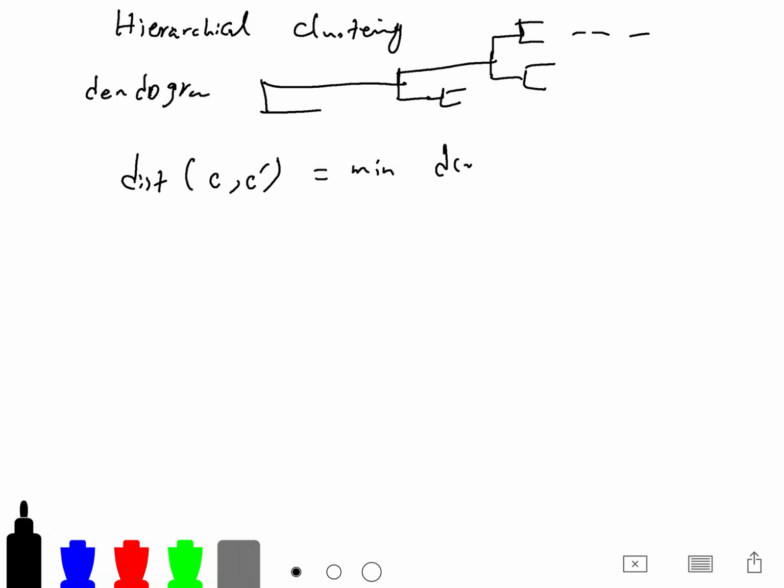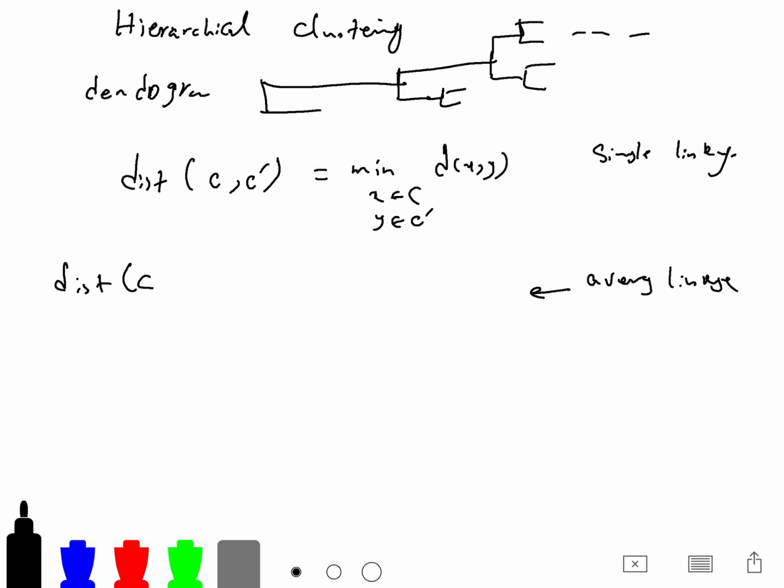This is the minimum of d of x and y, where x is in C and y is in C prime. This is single linkage. But also we have average linkage.